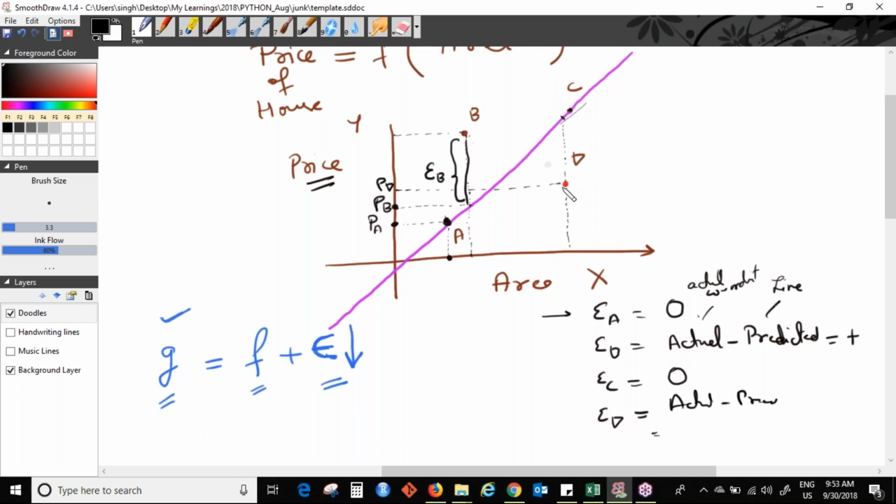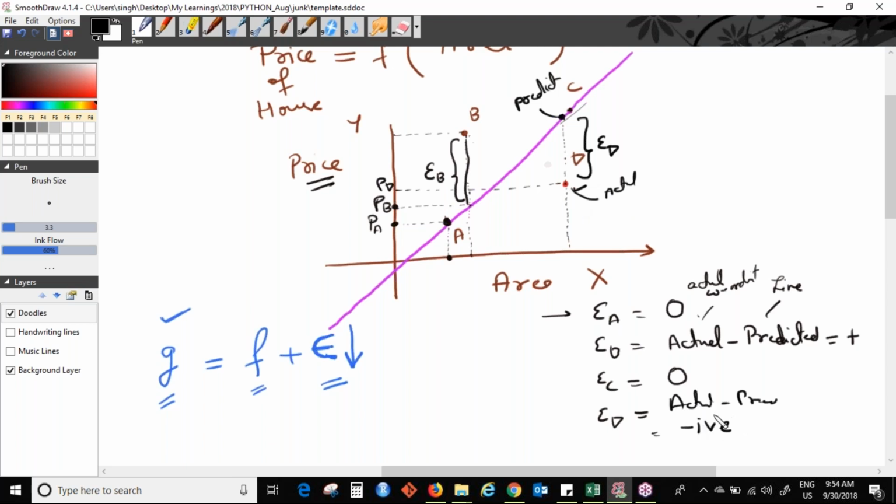So the actual is less. The actual is somewhere here because this is the point D, but we are predicting more than the actual. We are predicting this particular point, but the actual price is only here. So here actual minus predicted will give you a negative value. This is the error at D. This is your prediction, and this is the actual coordinate of the point.